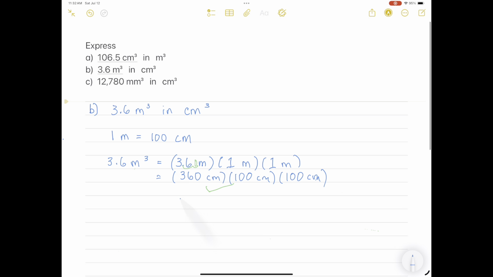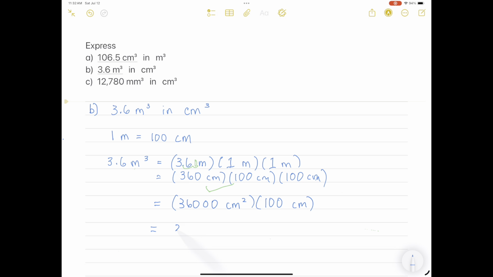Multiply 360 times 100. I add 2 more zeros to 360 to get 36,000. Centimeter times centimeter equals centimeter squared. And then I multiply by 100 centimeters to continue the problem.